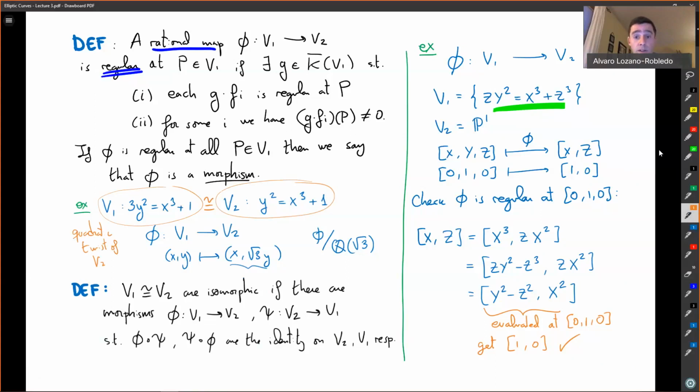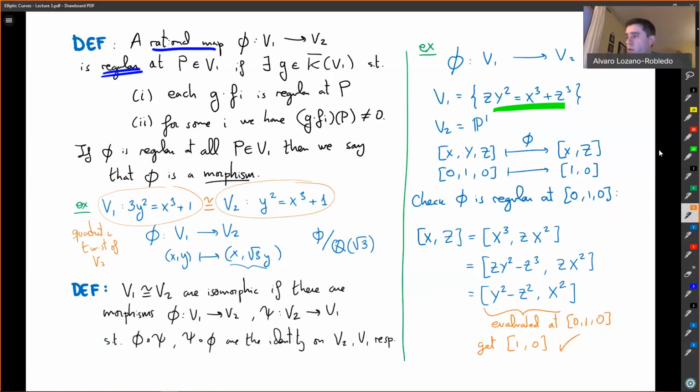Those are very important in the theory. We'll get back to them much later in the class. The point is that these two are isomorphic over Q adjoin the square root of 3, but not over Q.